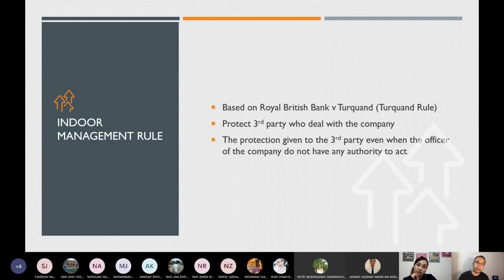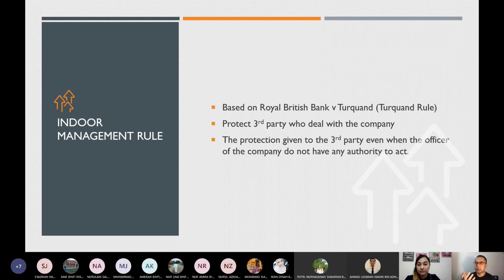So when I enter into an agreement with TNB, represented by one of these directors, I know that that person is a director of TNB, so I assume that that director, he or she, may have the power to act on behalf of the company. But in every company, they have their own policies and procedures, where certain directors can only act within certain limits of powers.